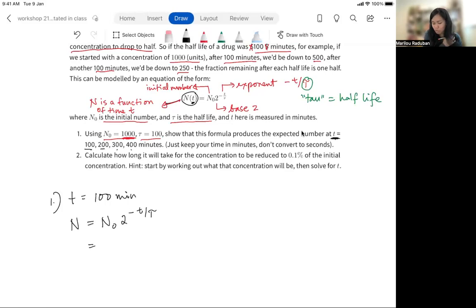To find N after 100 minutes, N0 is the initial concentration, which is 1000, multiplied by base 2 to the exponent negative time, which is now 100, divided by the half-life, which is 100.